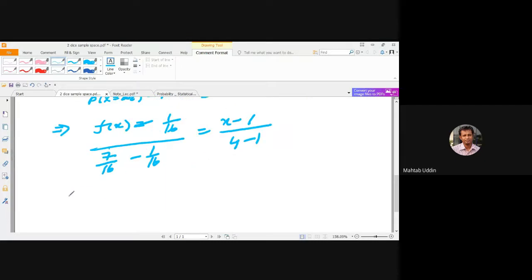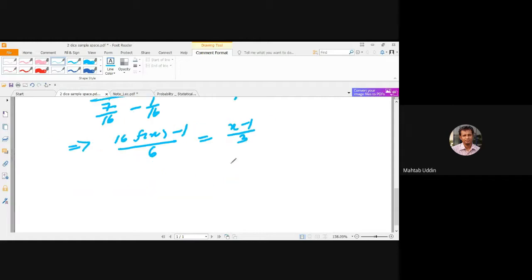If I multiply each side by 16, I get 16 fx minus 1 divided by 6 is equal to x minus 1 by 3. After the calculation, dividing 3 by 6, you get fx is equal to twice x minus 1 divided by 16. That will be the formula after the calculation.